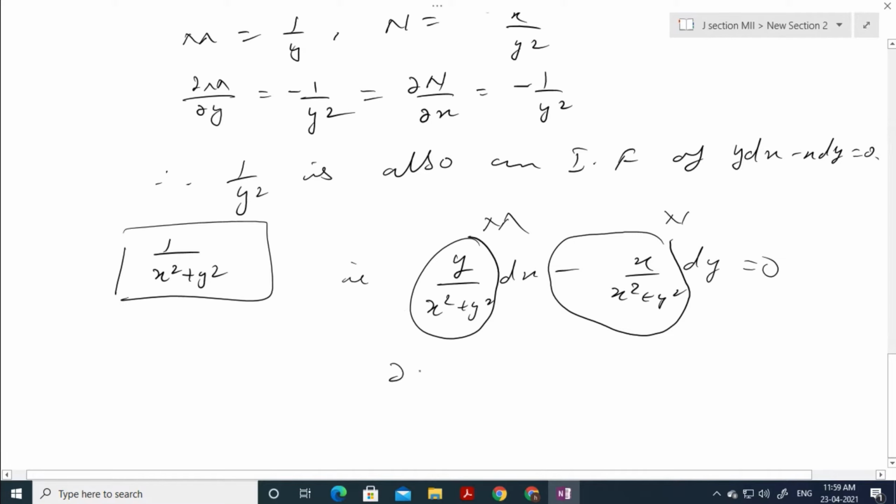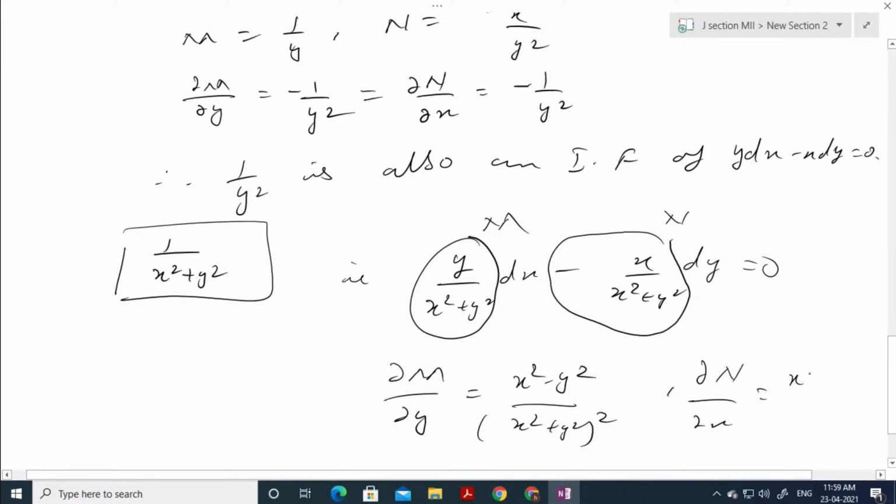What is dou M by dou y? x square minus y square by x square plus y square whole square. And what about this one? It's the same thing. Dou N by dou x is x square minus y square by x square plus y square whole square. So they are equal.